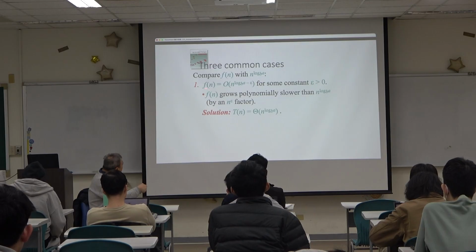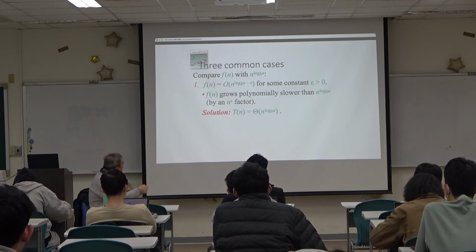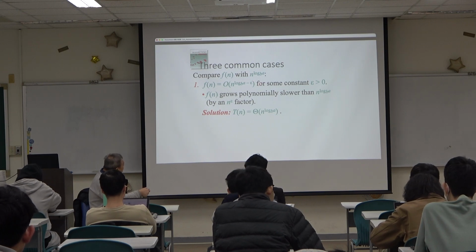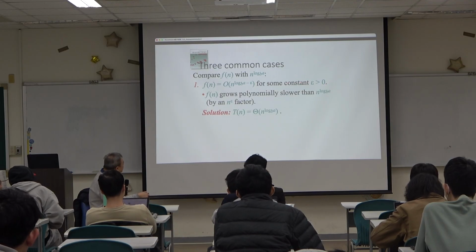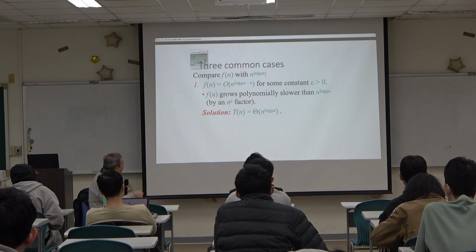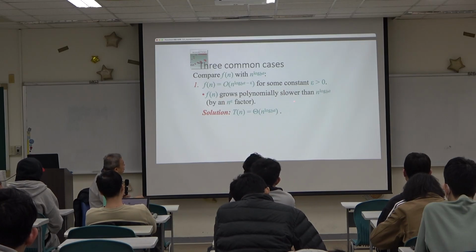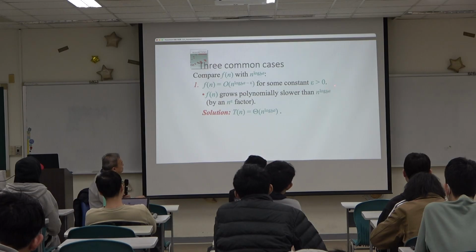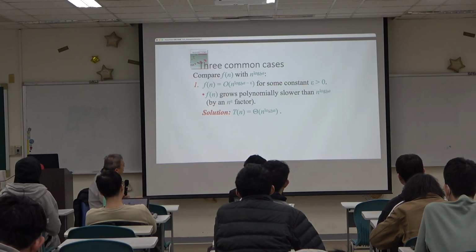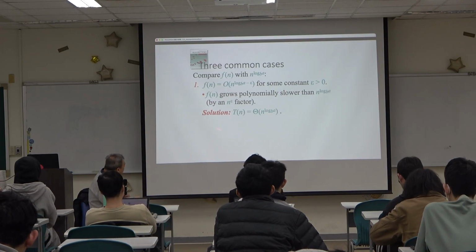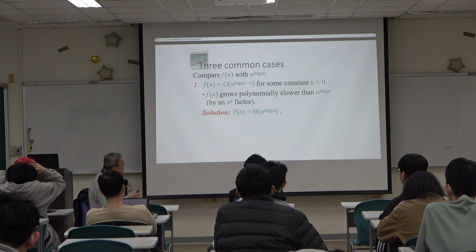So if f(n) is big O of n to the power of log base b of a minus epsilon, with some constant epsilon greater than 0, or put another way, f(n) grows polynomially slower than n to the log base b of a, if that's the case, then T(n) is theta of n to the log base b of a. So this is the first case.